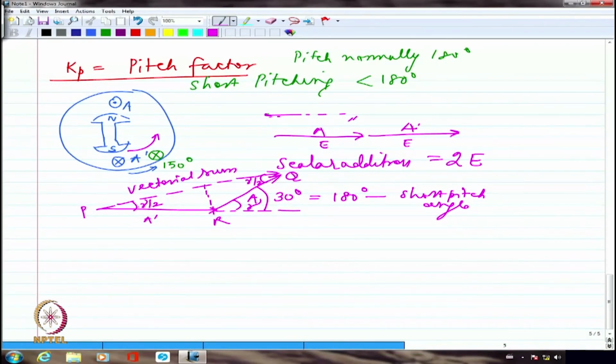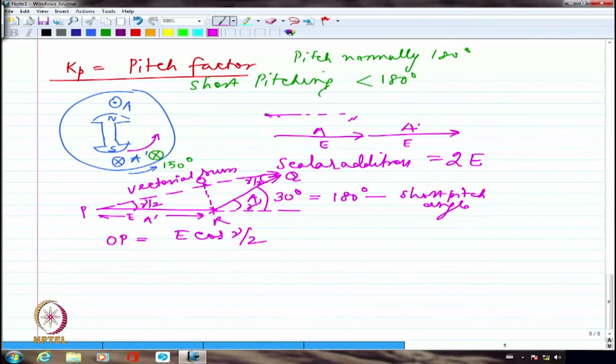Let me write this as the midpoint, so maybe this point I can mention as O. So I should be able to write OP as whatever is E. If I call this length as E, so this will be E multiplied by cos of gamma by 2. Right? So this will be E cos gamma by 2.